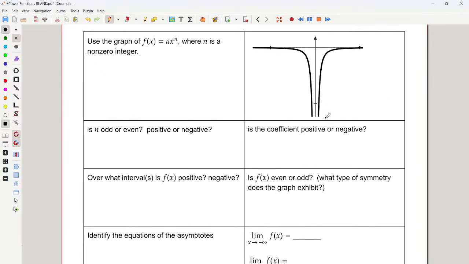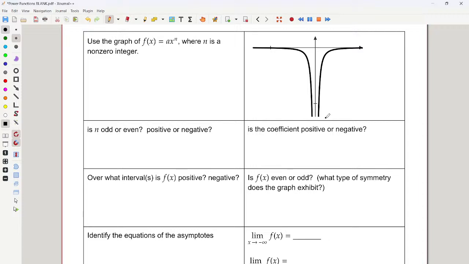Here's a quick opportunity for me to bark less at you. Let's use this graph where n is a non-zero integer. What is the exponent? Well, we can't say exactly what it is, but we can say what it's not. Is it 2, 4, 6, 8, 10?